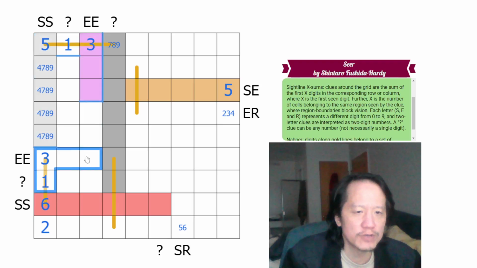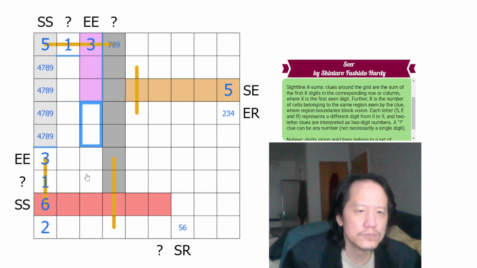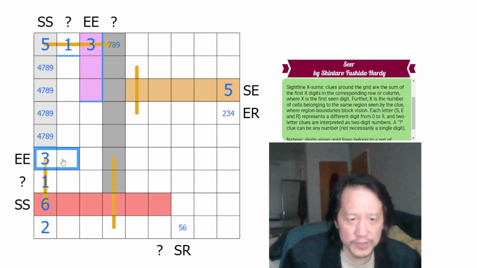So if this is part of this cell, you can't have 2 regions because then that would be essentially... right, so if this is part of this cell, okay, this is 3.